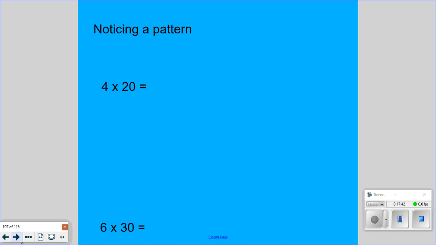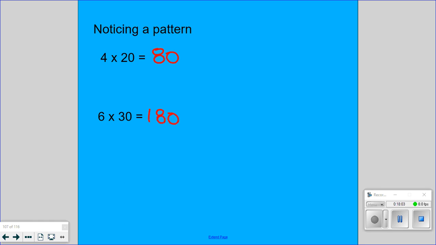So Heidi noticed that 4 groups of 20, go ahead and write that again, 4 groups of 20. Heidi noticed the value of that was 80. And we just found out that 6 groups of 30, the value was 180.